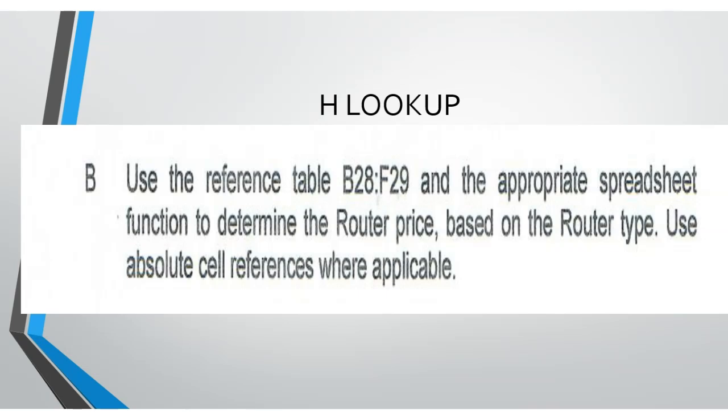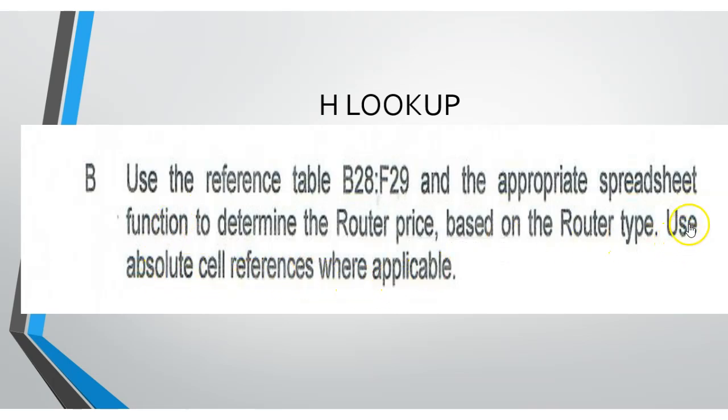Now let's go quickly back to our question. Use the reference table B28 to F29 and the appropriate spreadsheet function to determine the router price based on the router type. Use absolute cell references where applicable.